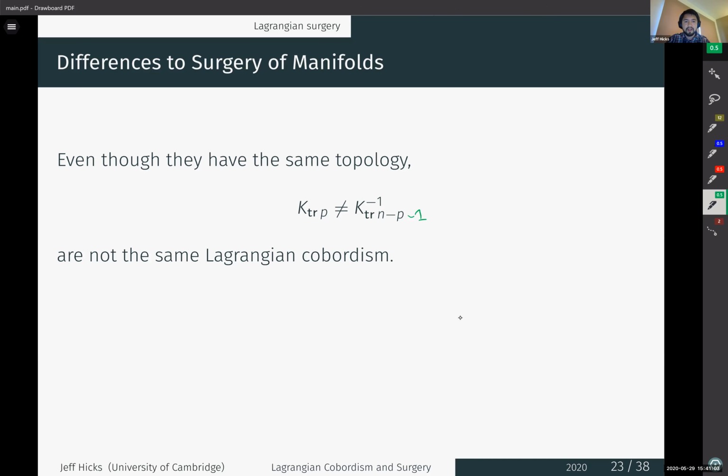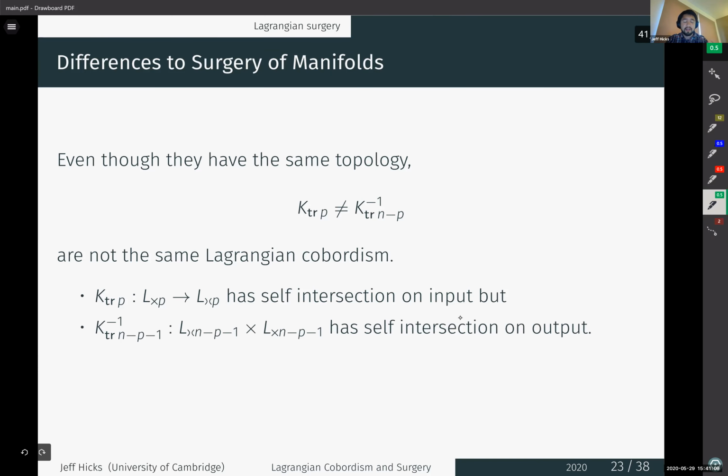One of these has a left end which is immersed and a right end which is not immersed, and the other one has a right end which is immersed and a left end which is not immersed. So there really is a difference between surgery and anti-surgery, as opposed to when you look at surgery of manifolds, where you could represent every surgery cobordism by the trace of the surgery of opposite degree.